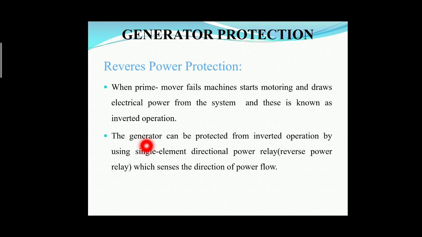The generator can be protected from inverted operation by using the single element directional power relay, that is the reverse power relay, which senses the direction of power flow. In this case, we are using the differential type of protection.